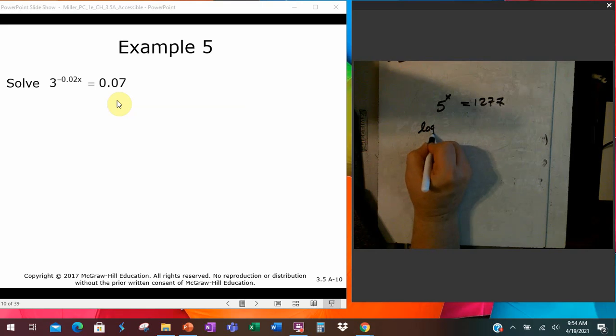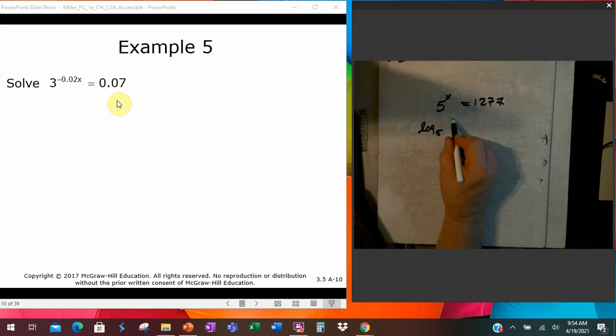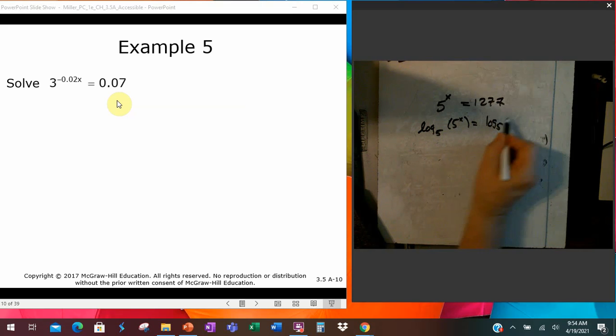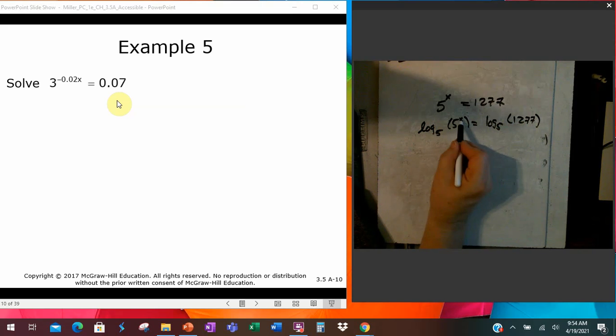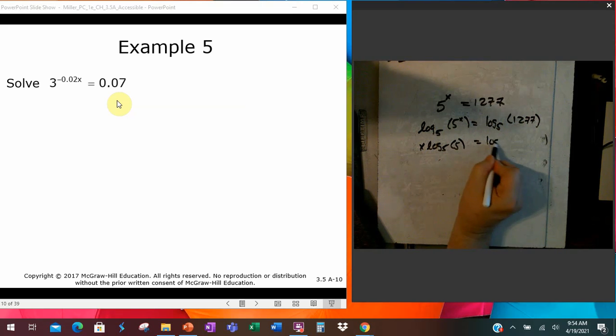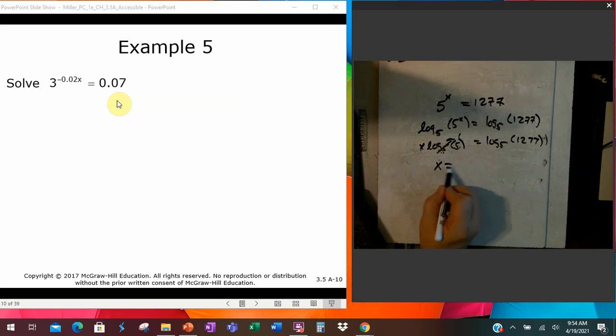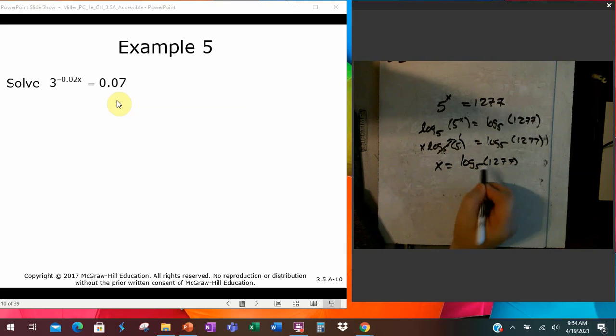If I want to use the base 5, my exponent goes out front, and now this goes away. Log base 5 of 5 is just 1, right? 5 to the 1 is equal to 5. So this gets rid of this, and I just go with this.